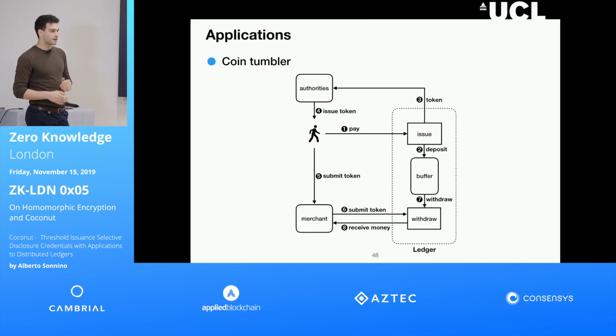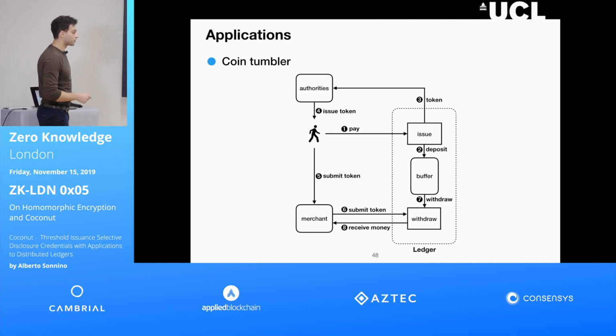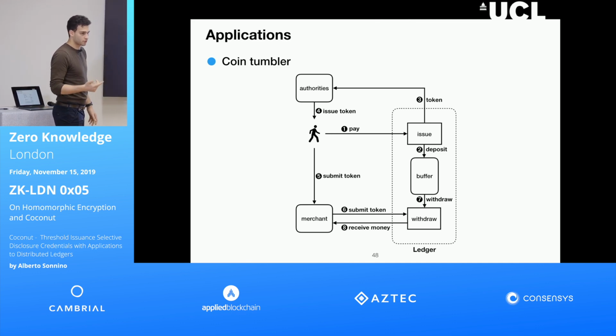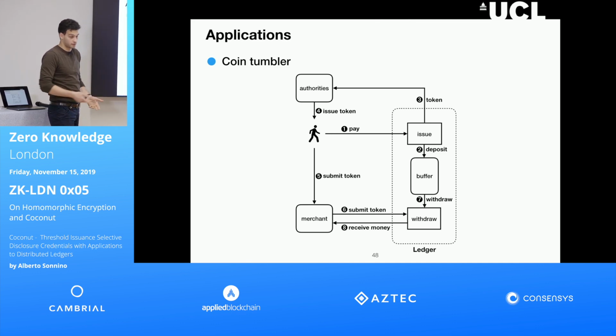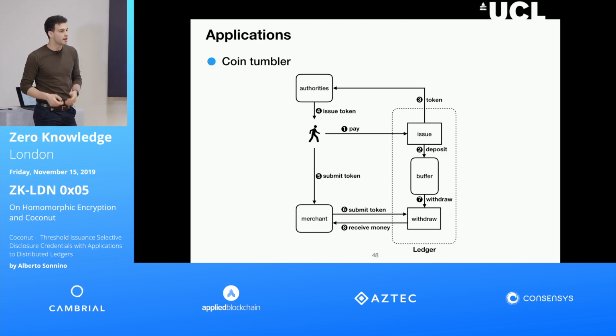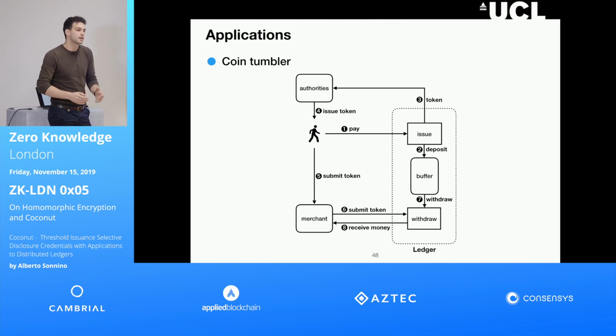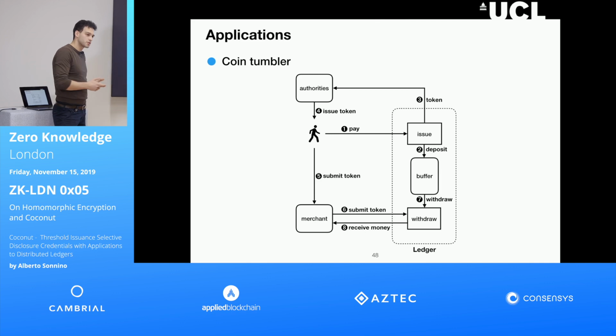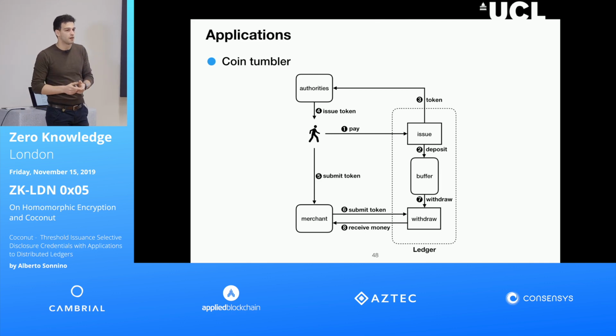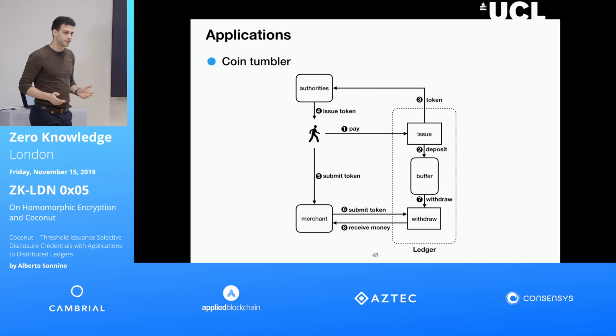Note that nothing prevents another set of authorities, reusing the same library, from saying, look, I'm very different from those guys, maybe other people would trust me more, and I would do the exact same thing. And as a user, you would just go to the smart contract instance of the authorities that you trust more, or none if you don't trust any of them.